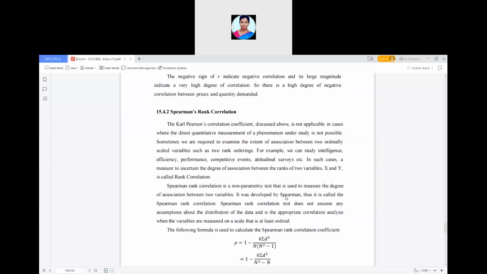Spearman's rank correlation is a non-parametric test which is used to measure the degree of association between two variables. It was developed by Spearman, so it is called Spearman's rank correlation.